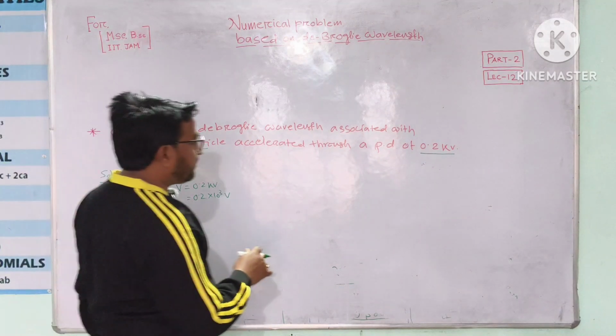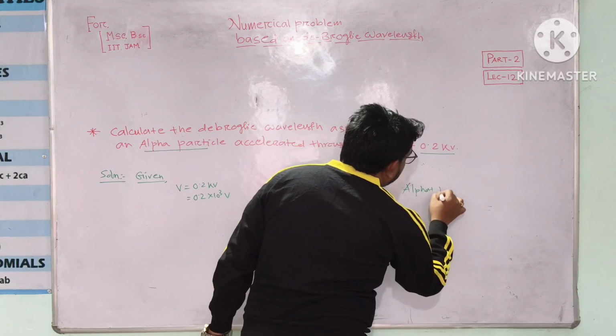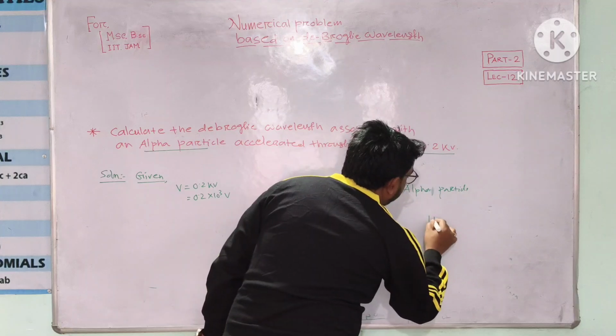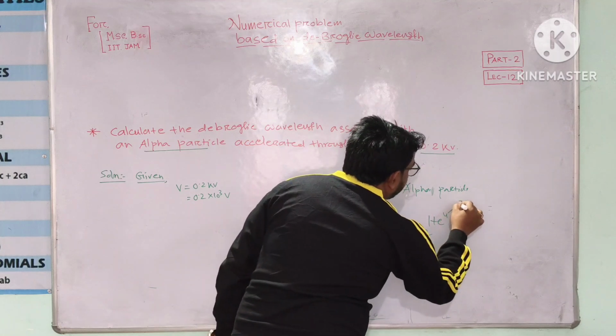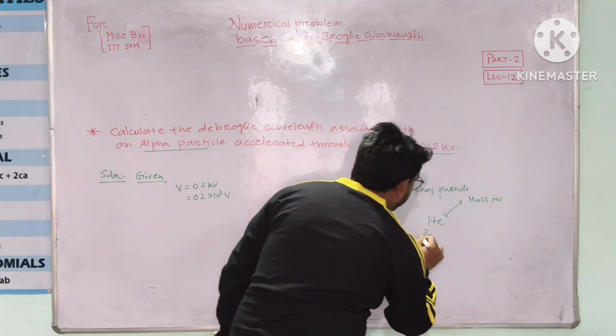And a little bit of concept about the alpha particle. Alpha particle means a helium-4 nucleus, where 4 is called the mass number and 2 is called the atomic number.